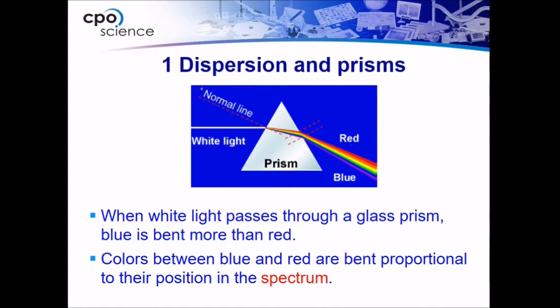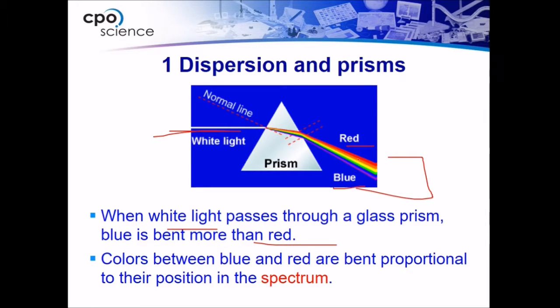Now dispersion and prism. This is a normal light, or you can say this is white light. When it comes out of a prism, you can see various colors of light out of it. So when white light passes through a glass prism, blue is bent more than the red.